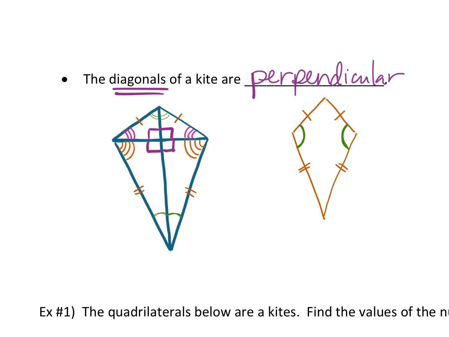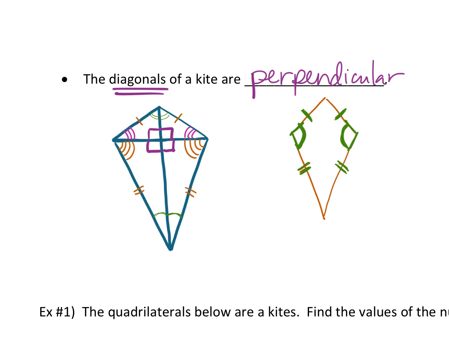Where the sides that are not congruent come together, that makes a congruent angle with the angle across from it. Notice the one mark and two marks: the angle that meets there is the same as the one right across the way between the single and double mark also.